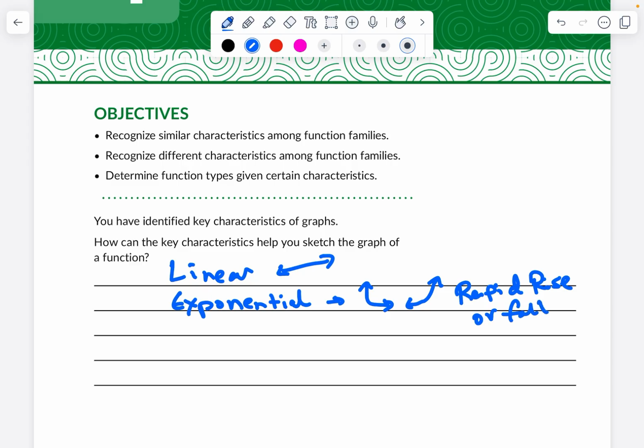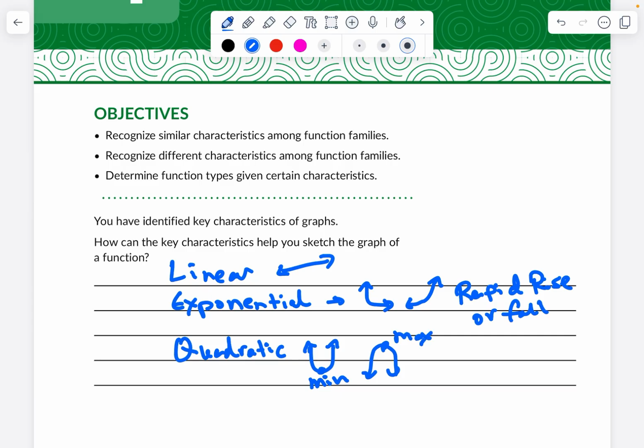And then you have your quadratics. If they talk about having an absolute minimum or an absolute maximum, you know you have a quadratic function. So it's either going to have a low point or a high point. Remember, this is your absolute minimum and this is your absolute maximum.